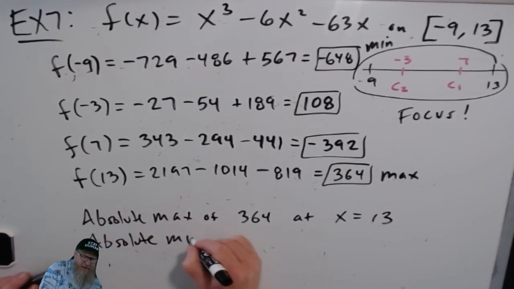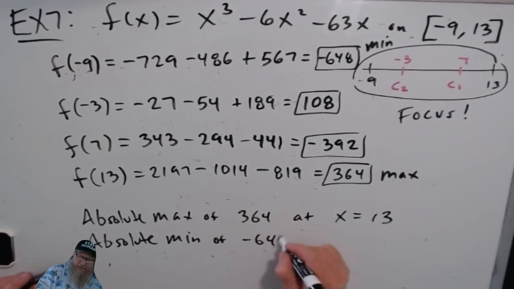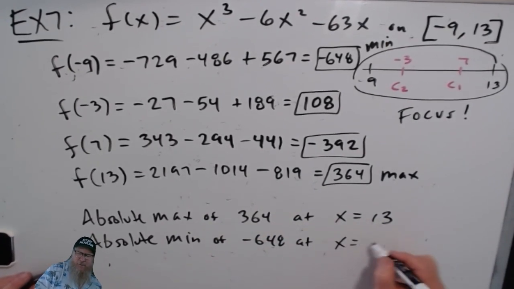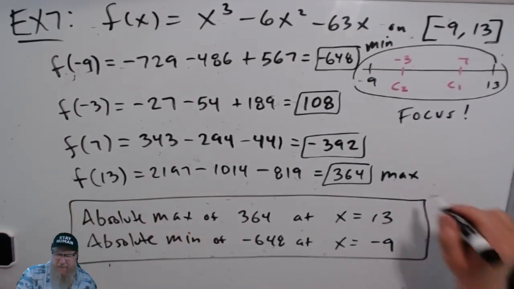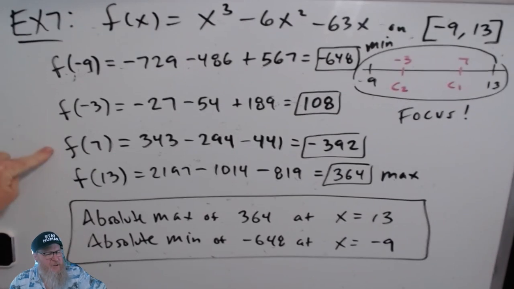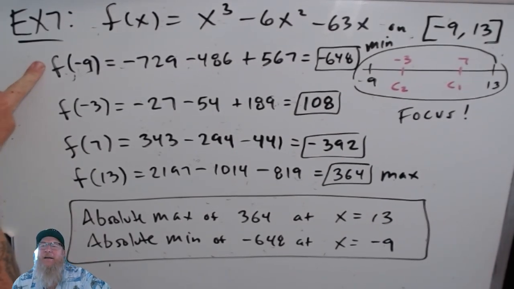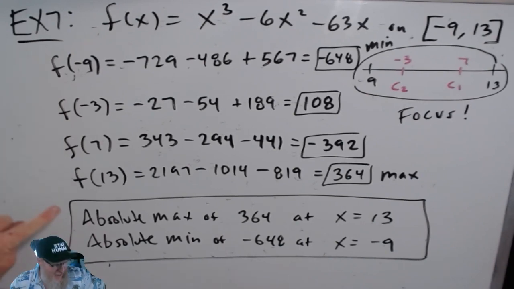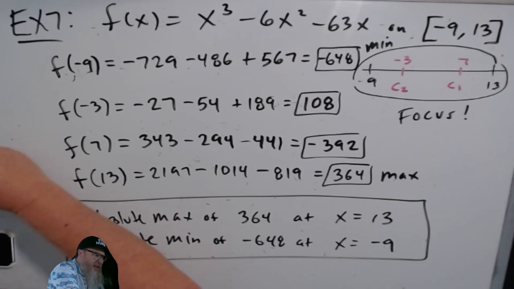Absolute min of negative 648 at x equals negative 9. So the C values didn't matter. One of my extremes was at A. The other extreme was at B. So the graph kind of looks like this.